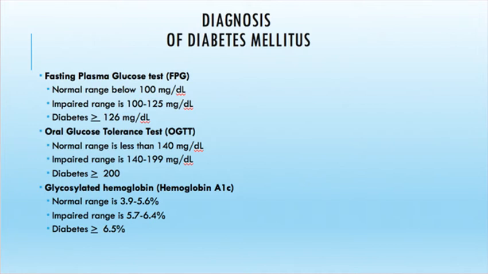Anyway, so here we're going to talk about diagnosing diabetes. Screening is recommended in children and adolescents younger than 18 when they're overweight or obese, and if they have more than one risk factor of diabetes, as well as adults.